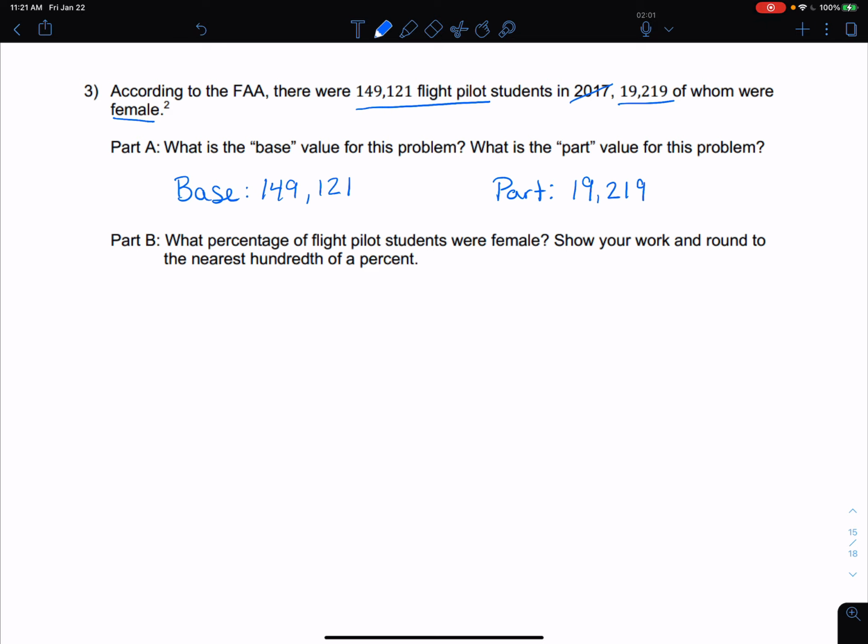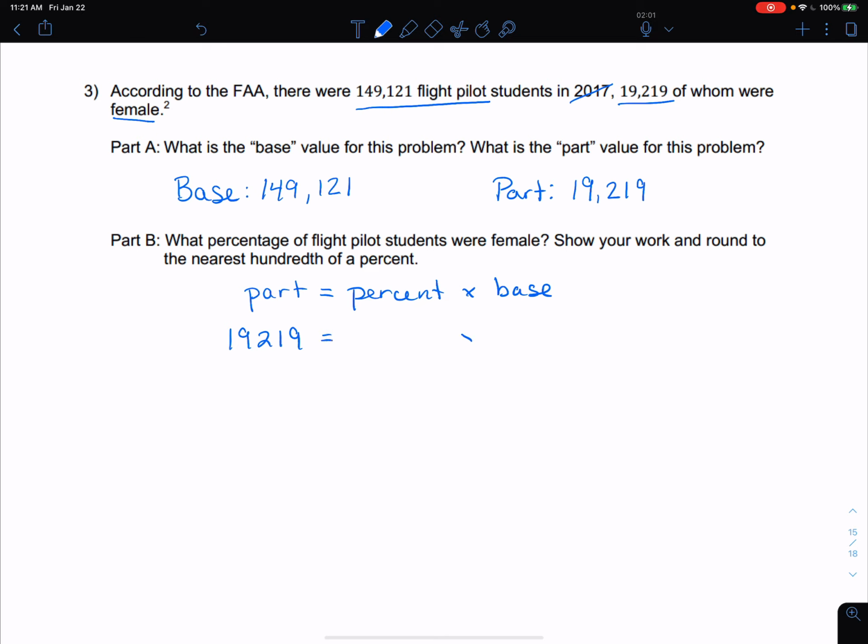So if we look at part B, it says what percentage of flight pilot students were female. Show your work and round to the nearest hundredth of a percent. So if we use that formula, part equals the percent times the base. The part we identified as 19,219.